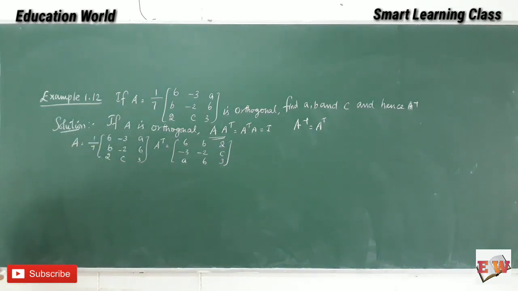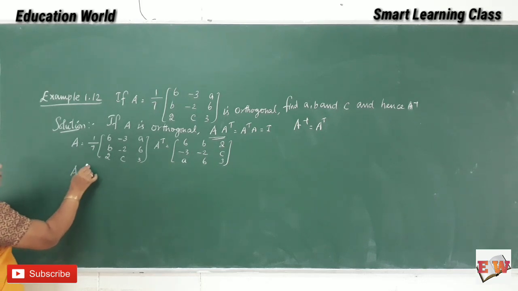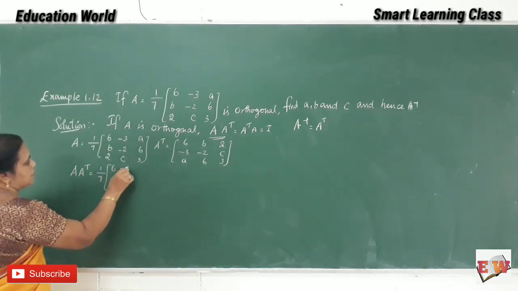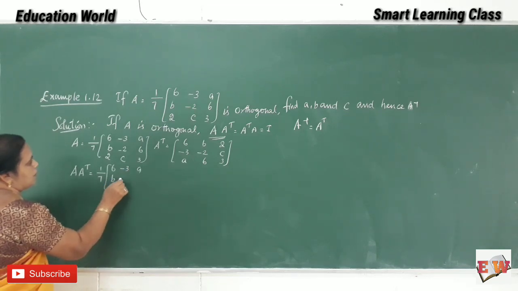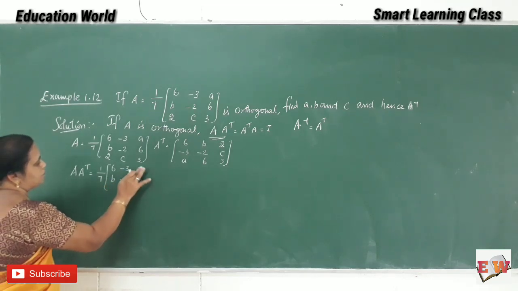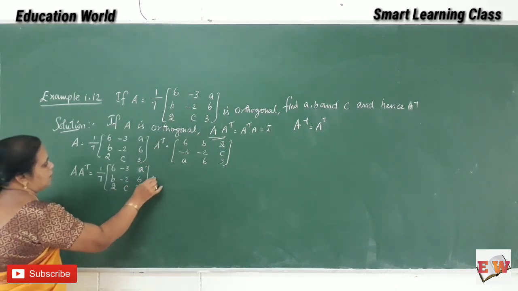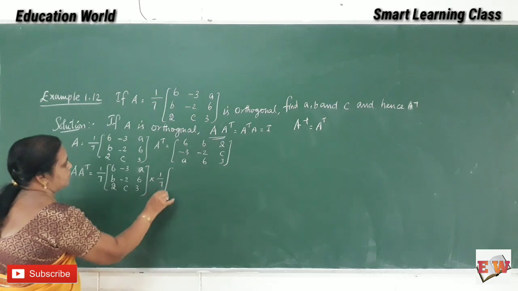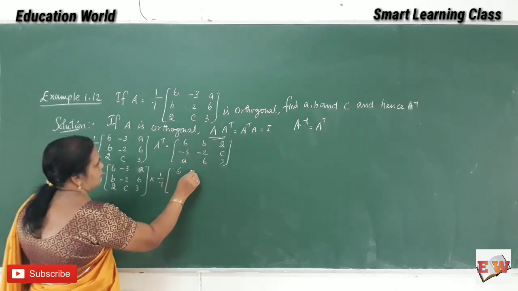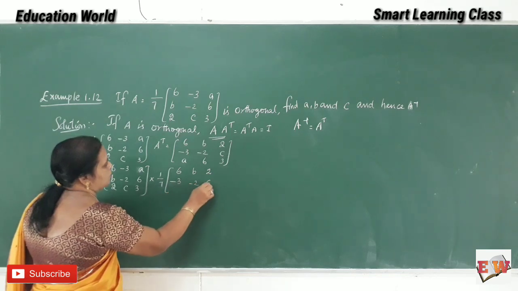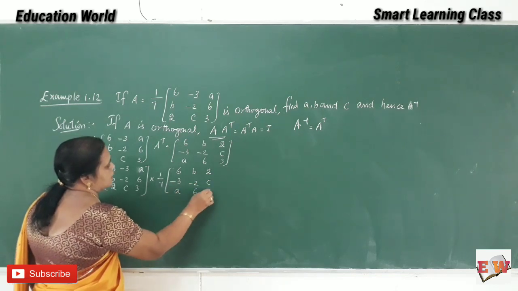Now I am going to multiply A with A transpose by usual matrix multiplication.